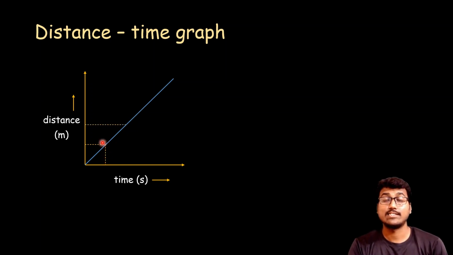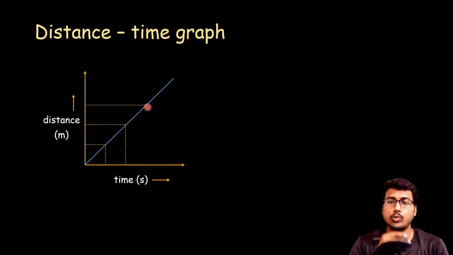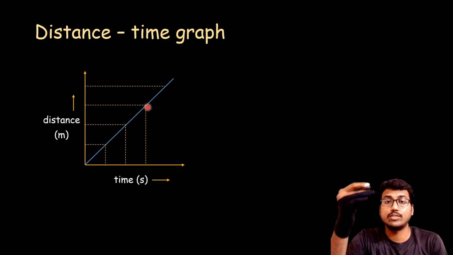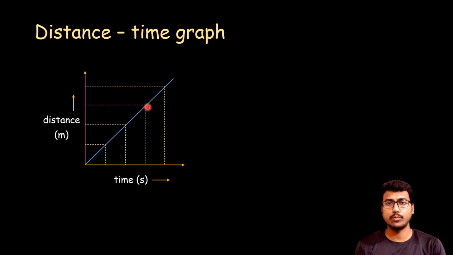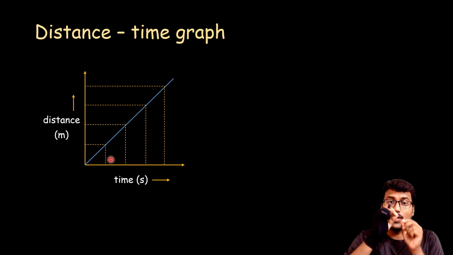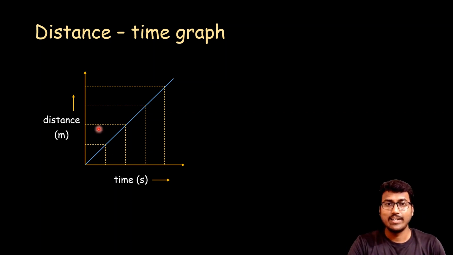Next, some more distance is covered in some more time. So you will have different distances covered in different time intervals. If you analyze this situation, you can see equal distances are covered in equal intervals of time.